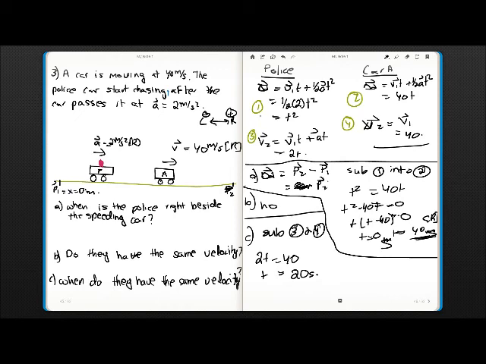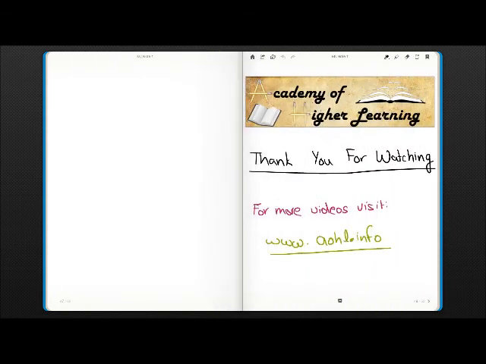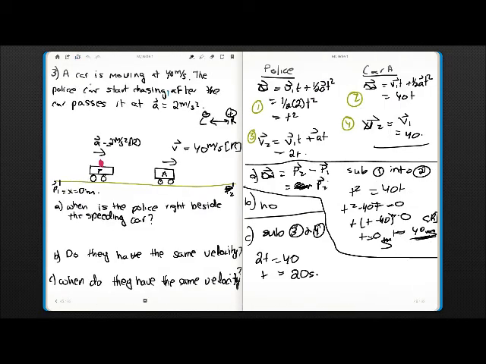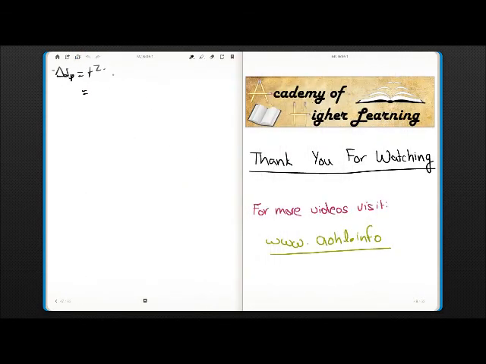Sorry. Once again, you sub the time, 20 seconds, into the displacement equation and find the difference. Let's do that quickly. For delta d of the police car, the equation is t squared. The time is 20, so 20 squared, and you're left with 400 meters.